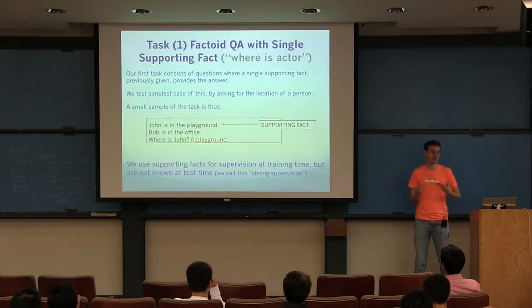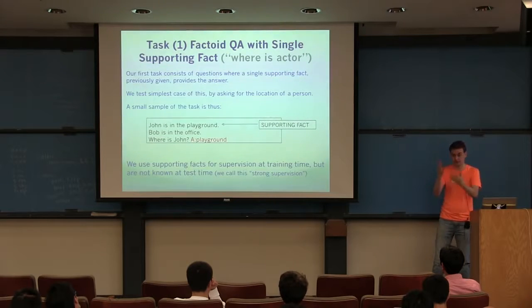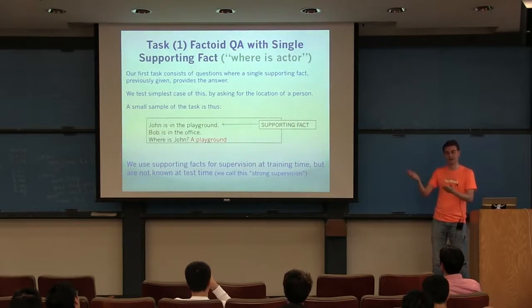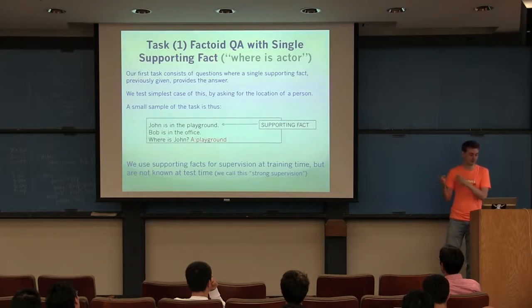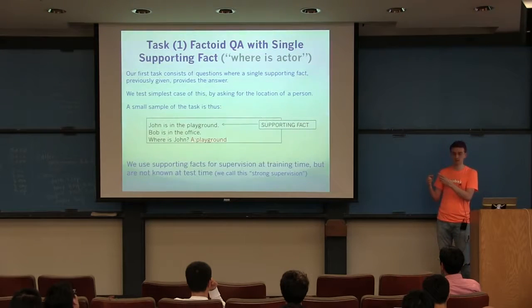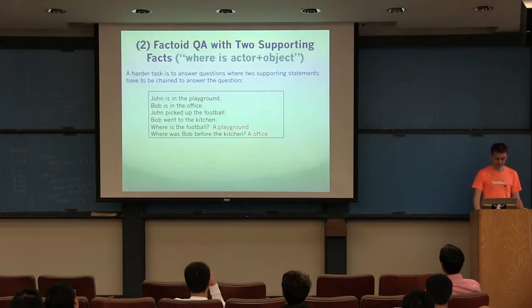And then you can imagine having something like 1,000 of these question answer pairs, say, for a training set, with these different randomly generated stories, and then a test set of different stories. In the test set, you're not given the supporting facts, you're just given questions, and the goal is to answer them. So that's the first task.